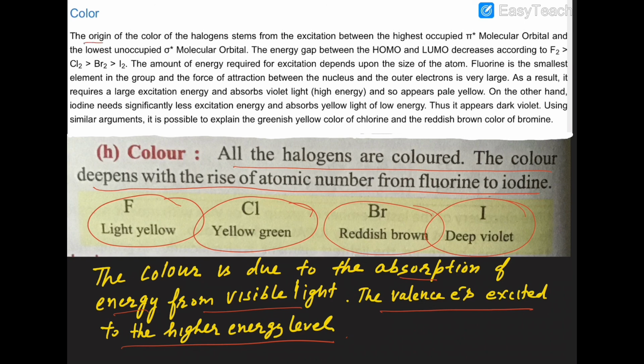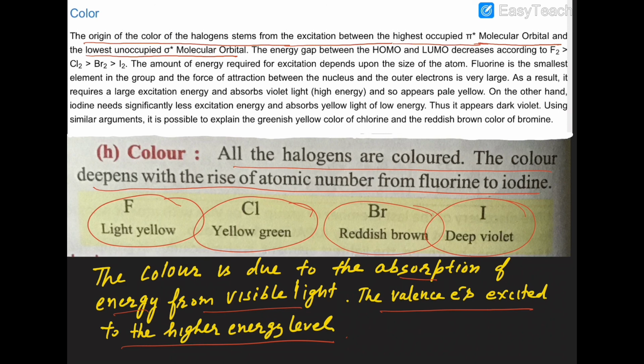The origin of the color of the halogens stems from their excitation between the highest occupied antibonding molecular orbital and the lowest unoccupied sigma antibonding orbital.